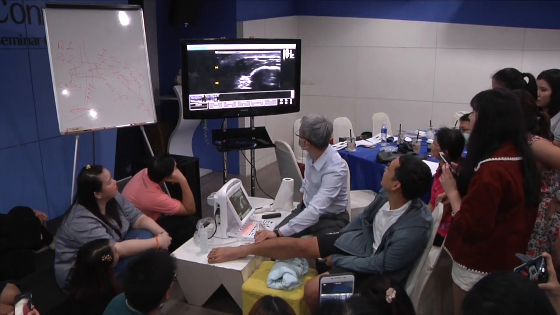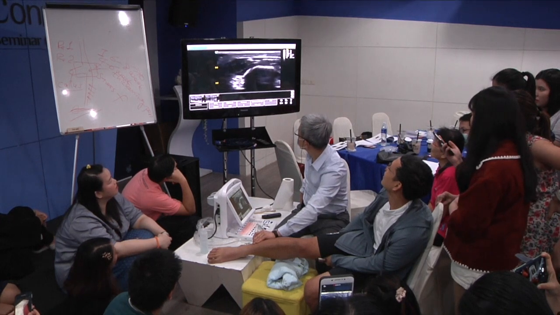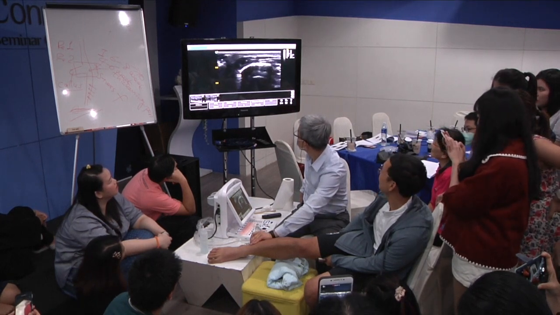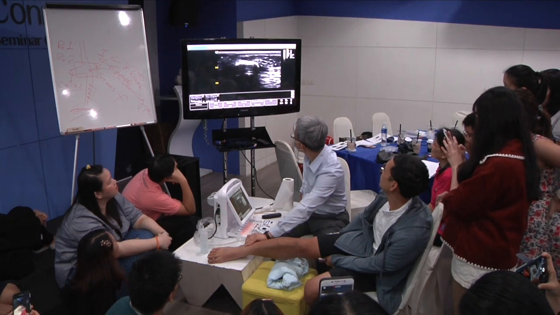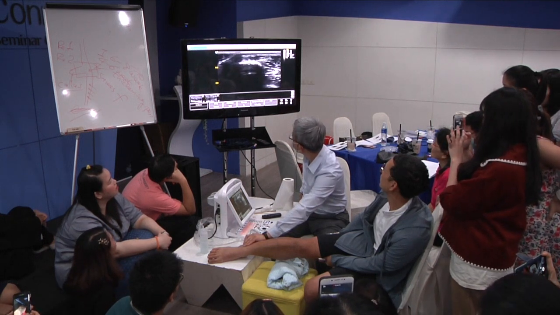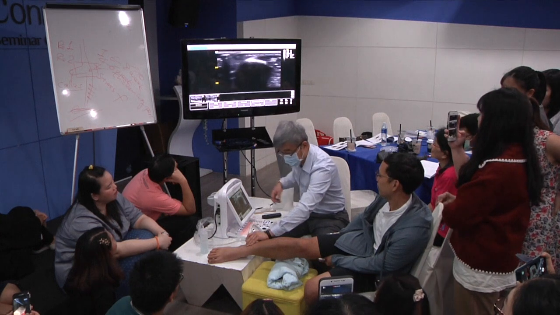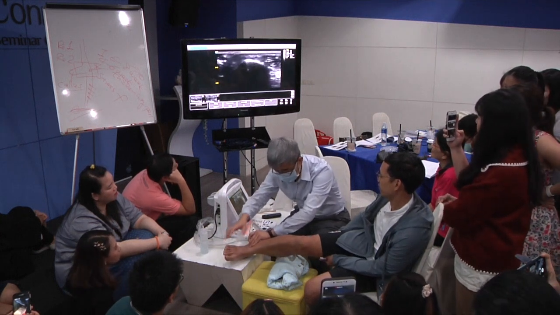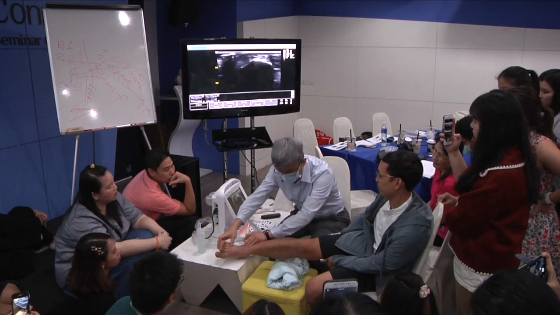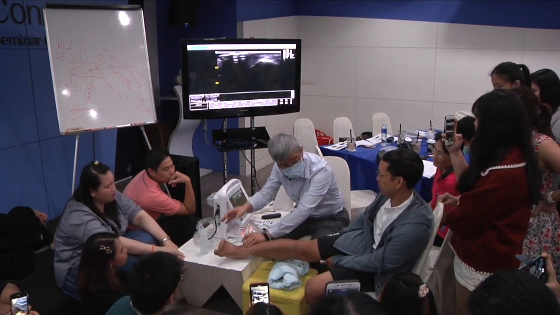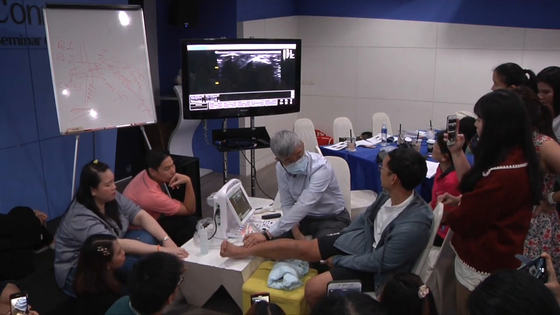Longus tendons. Okay, don't do too much plantarflexion. Plantarflexion is going to make the peroneus longus and brevis shorter.